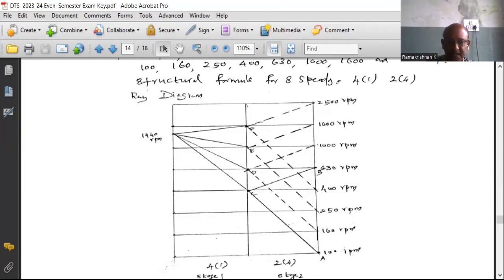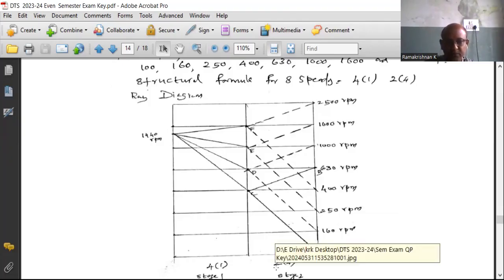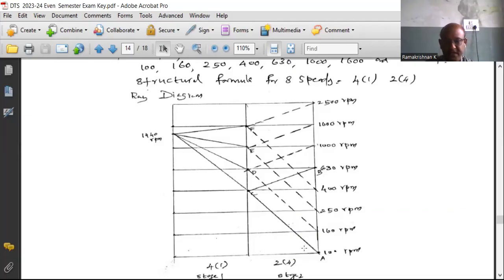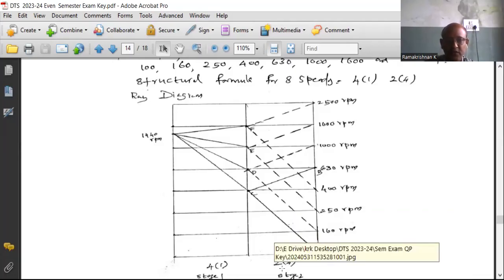Now the second stage in the formula is 2 within the bracket 4. That is 2 output speeds and 4 input speed. For the speed diagram, the 4 denotes a 4 space interval, that is each cell has 1 space. So we have to select the 2 output speeds.